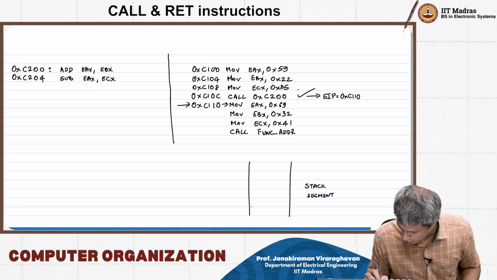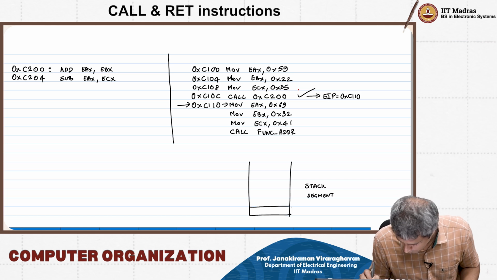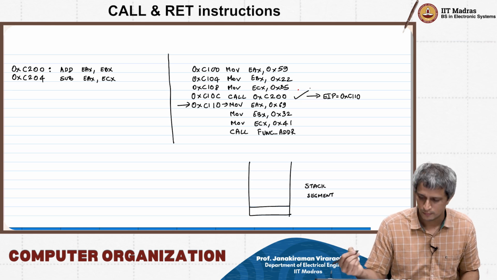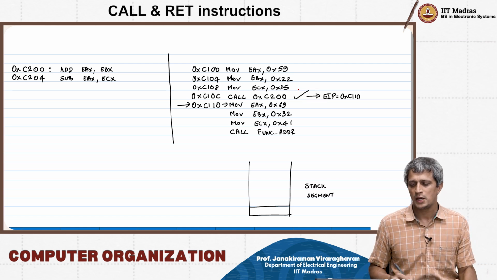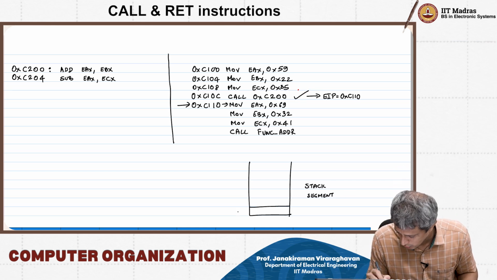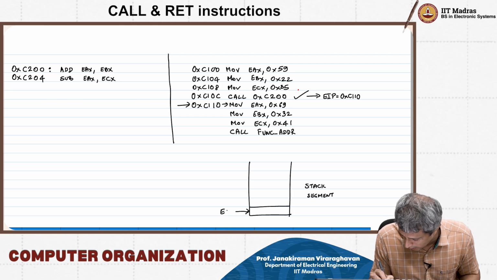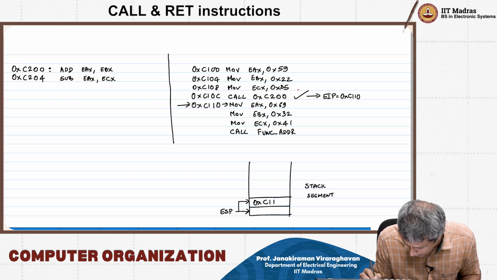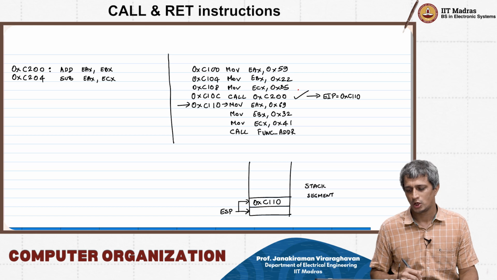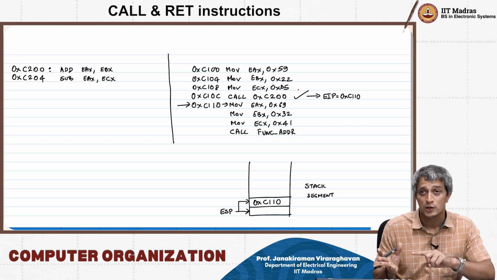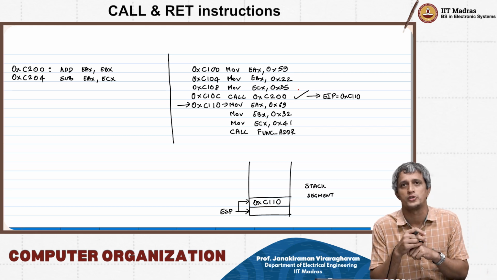When I execute this particular instruction, the EIP of 0xC110 is going to get pushed onto the stack. So let's say ESP was pointing here. It will now point here, and you will get 0xC110 on the top of stack. This is my stack segment. Then EIP is loaded with 0xC200.